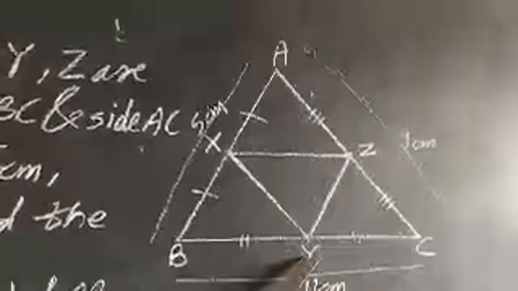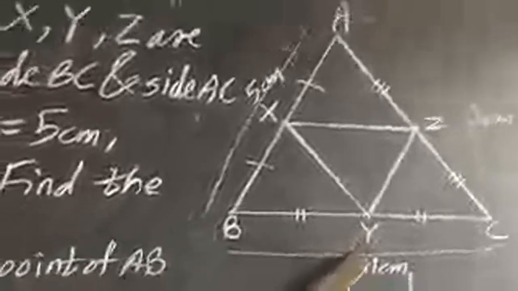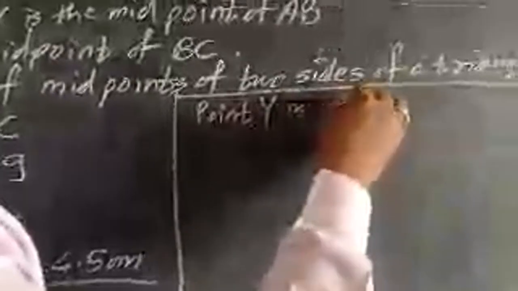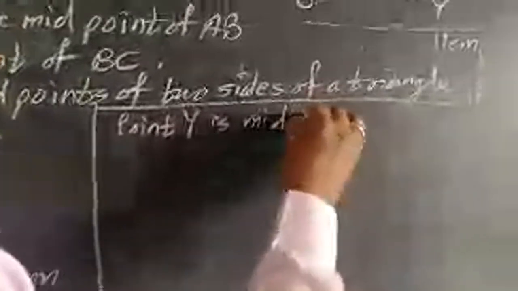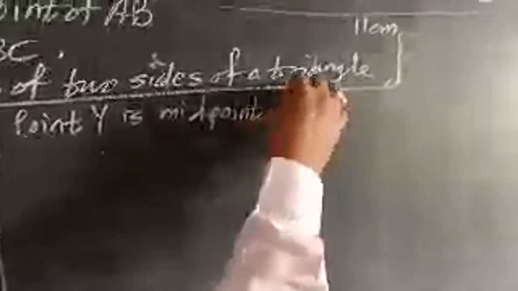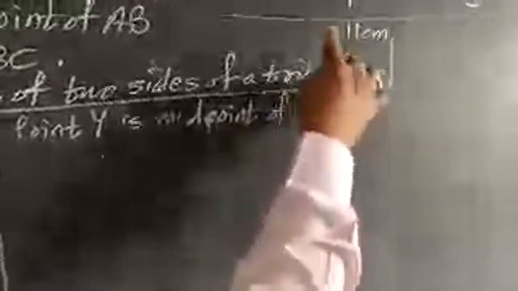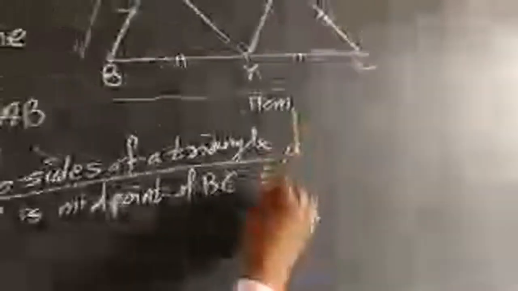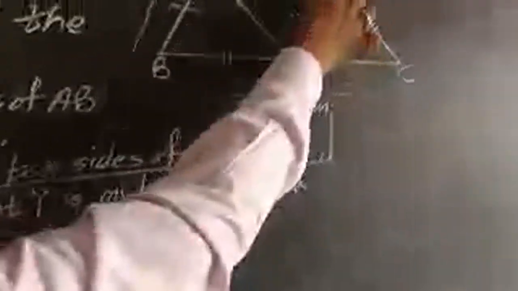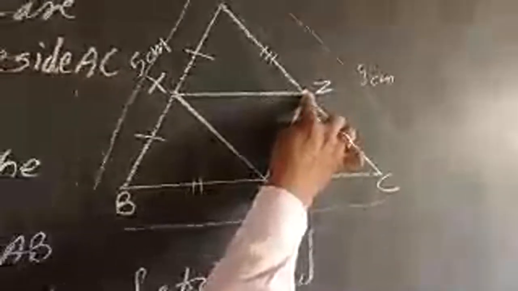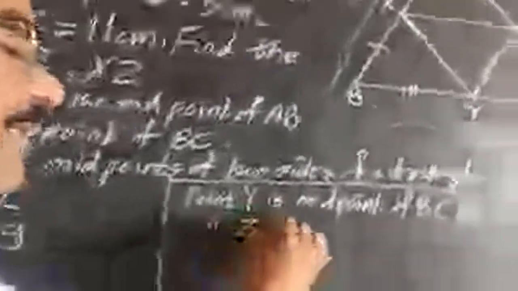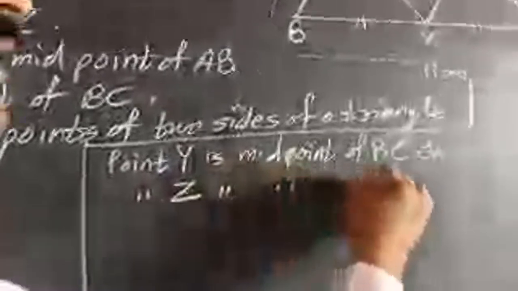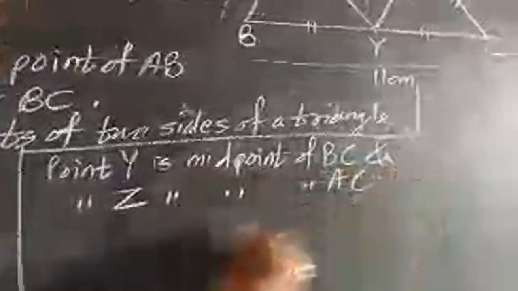Point Y is the midpoint of segment BC, and point Z is the midpoint of AC.